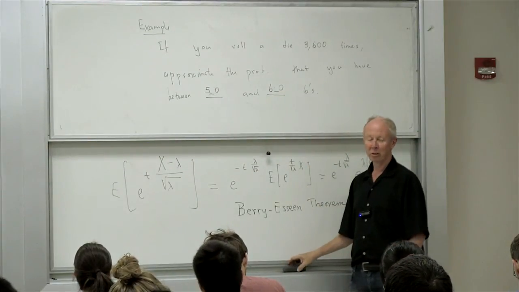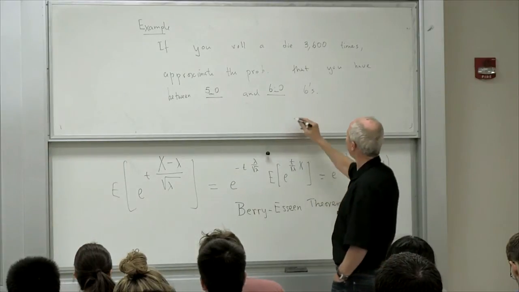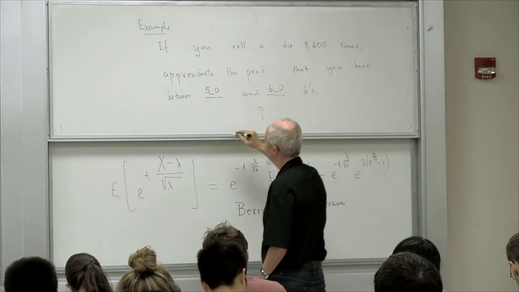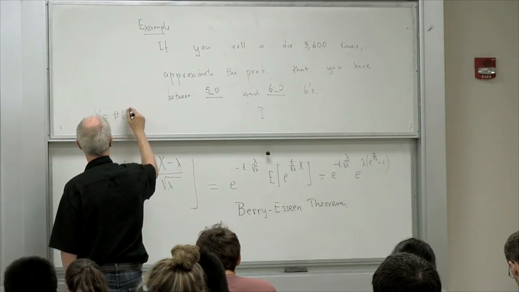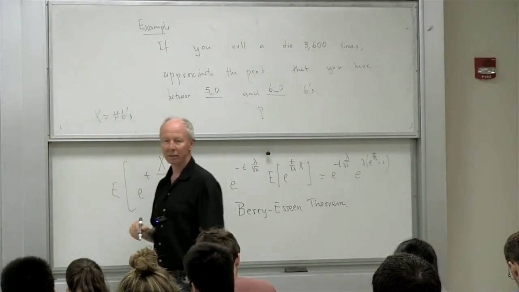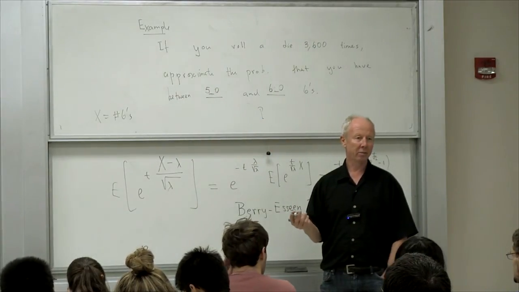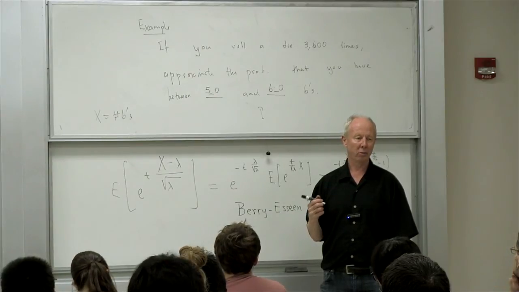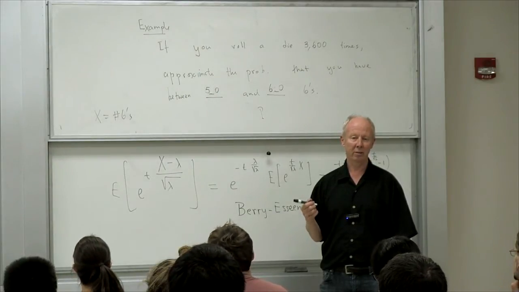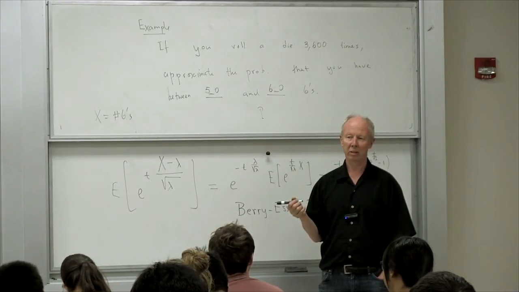So of course, you could compute this explicitly. This probability, the probability that if x is the number of 6's, what kind of random variable is that? Well, if you count a 6 as a success and not a 6 as a failure, then x would be the number of successes in 3,600 trials where the probability of success is 1/6.